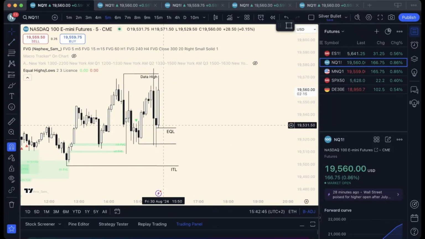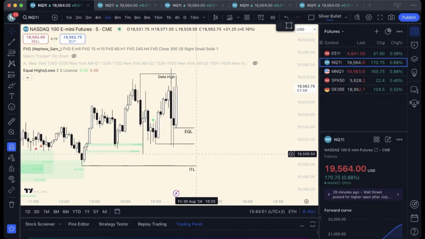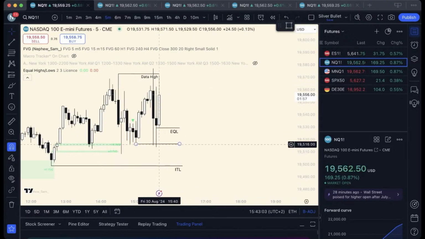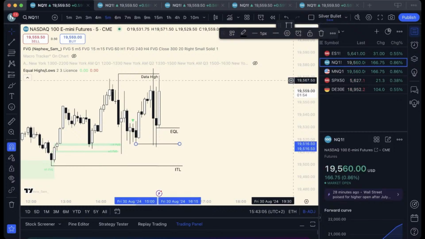So there wouldn't have been an entry because it got inversed with this candle and already broke the low here. If the wick would be here, we could have taken a short down here, but no. Internal low already got taken.